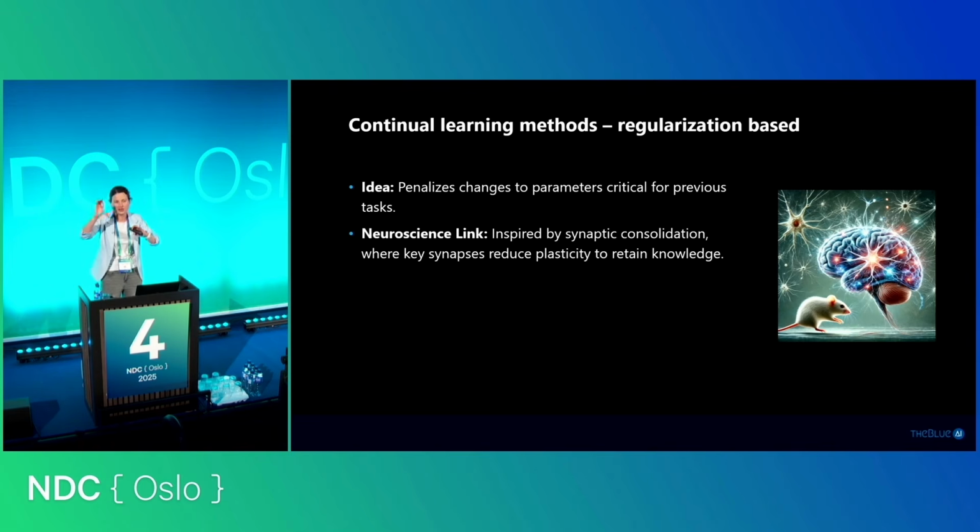If there were any new connections in the brain, they were not touching the synapses when the mice learned a new skill. Whereas in the moment when this connection got lost, got cut, the mice were forgetting the skill. So it means that the brain of the mice was protecting this area of the brain from getting changed to preserve that skill. And the same idea we want to use for the neural networks here.